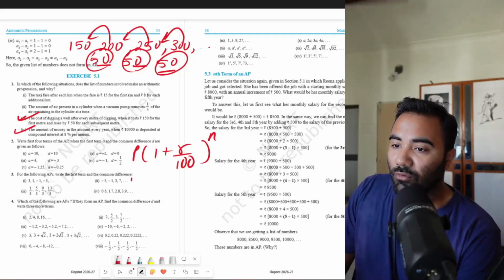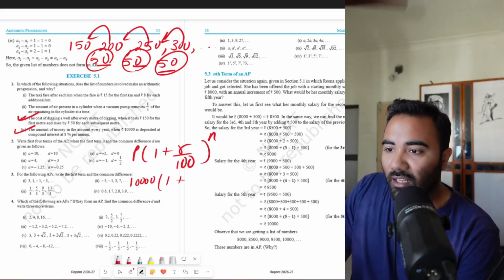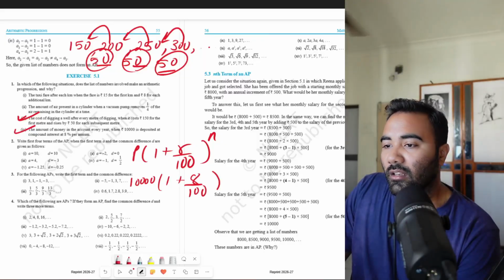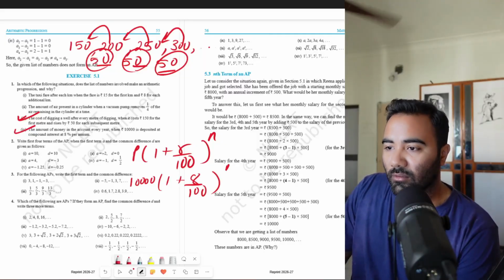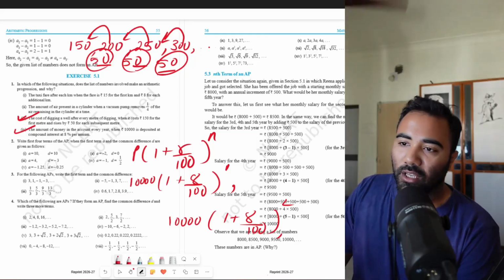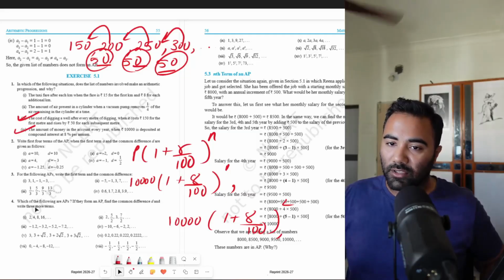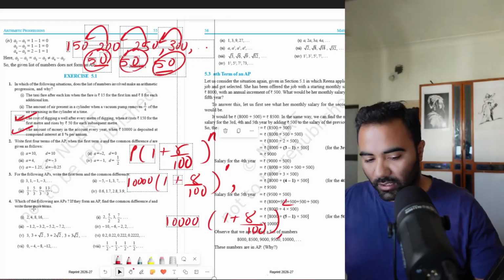First term is going to be 1 plus, what is the rate? This is the first term. What is the second term? 8 upon 100, power 2. And the third term. You can calculate the values in your book.